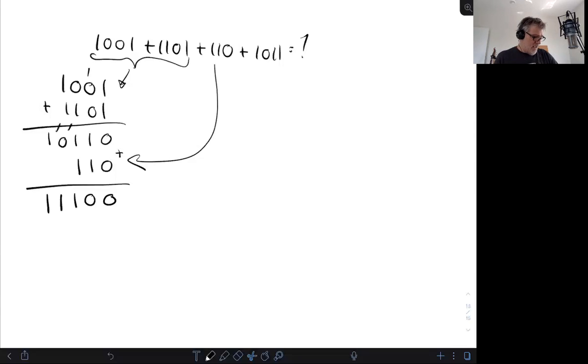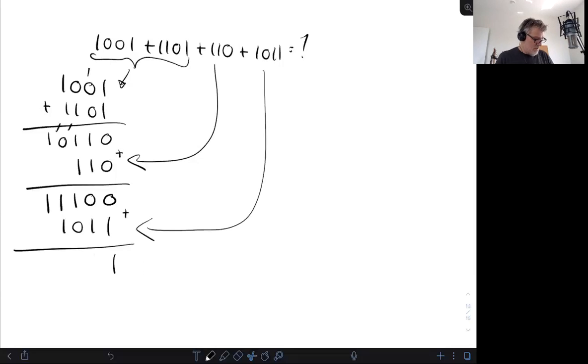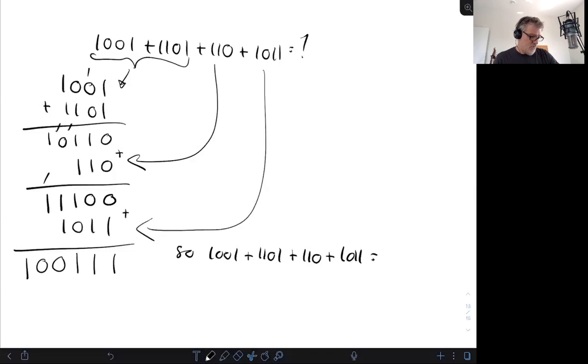Okay, and then I'm going to add the last one, 1, 0, 1, 1. So this is 1, 1, 1, 0, and a carry of 1, 0, 1. And so 1001 plus 1101 plus 110 plus 1011 is equal to 100111.